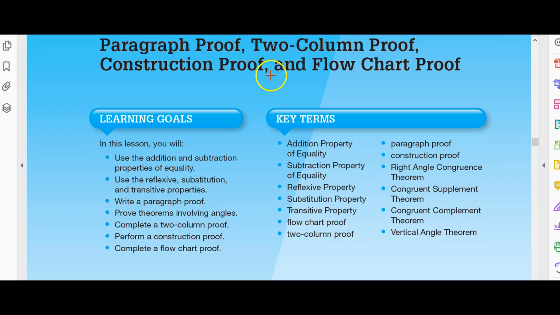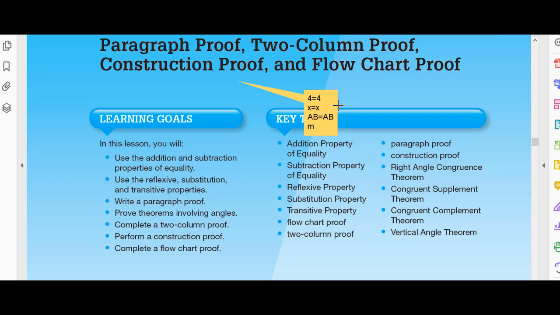So let me see if I can type something here real quick, right? If I wanted to say 4 equals 4, that would be the reflexive property, right? Or x equals x. It's equal to itself. If I wanted to say the distance between points A, B is equal to the distance between points A, B, well, we can state that, but we'd have to give a reason why we're stating it, and the reason is the reflexive property, okay?